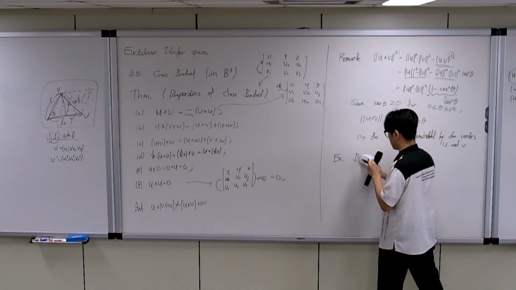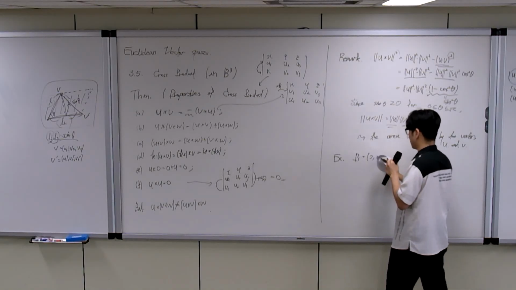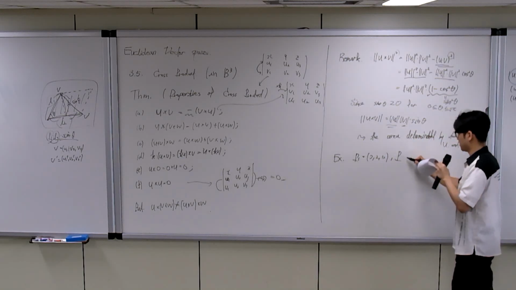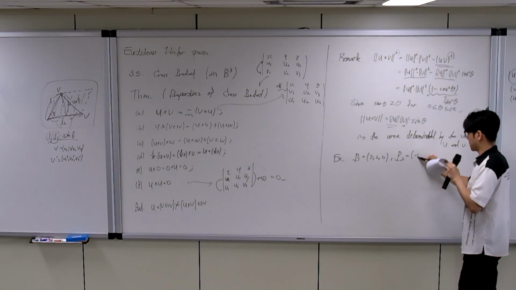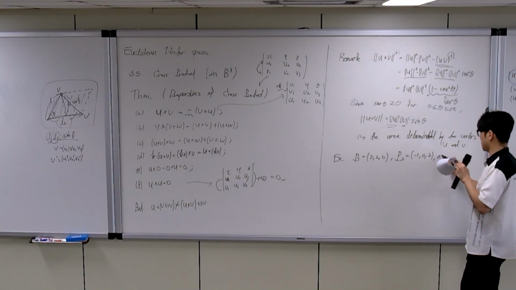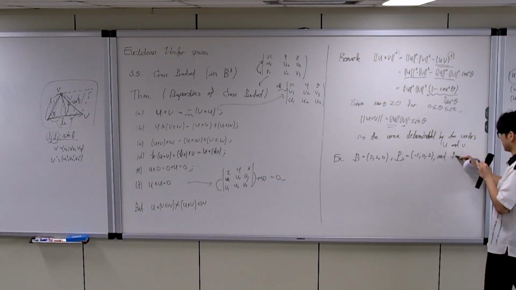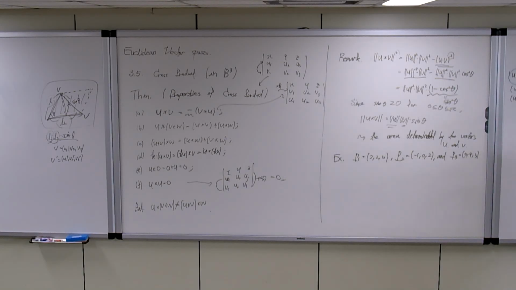I will write just the points of a triangle. P2 is (-1, 0, 2) and P3 is (0, 4, 3).